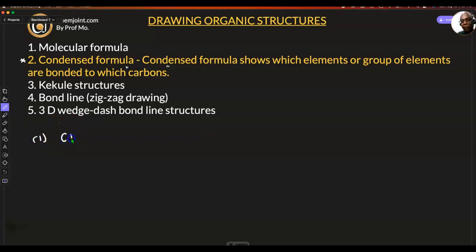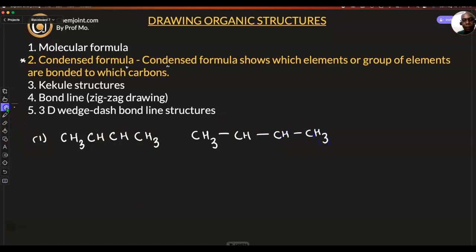Let's assume that you have a CH3, and then you have a CH, and then probably you have another CH, and then you have a CH3 at the end. This is suggesting to you that you have a CH3 bonded to a CH, and it's bonded to a CH, and then it's bonded to a CH3.